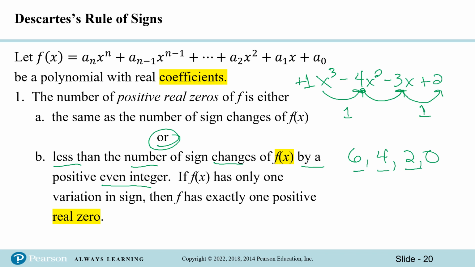It could be any of these combinations. So there could be 6, not x equals 6, that's not what I'm saying. I'm saying that they could have 6 zeros that are positive, they could have 4 zeros that are positive, etc.